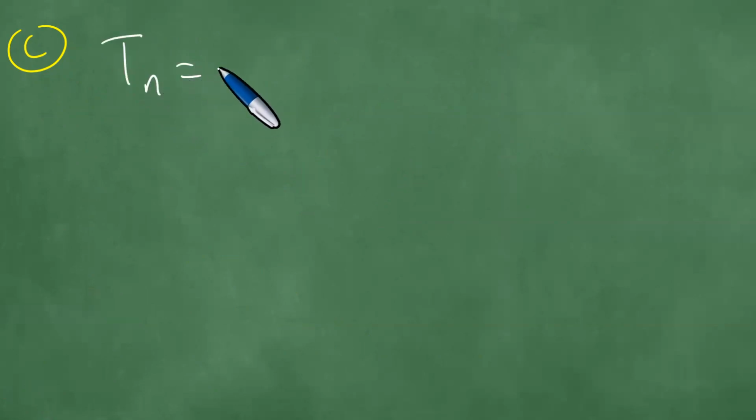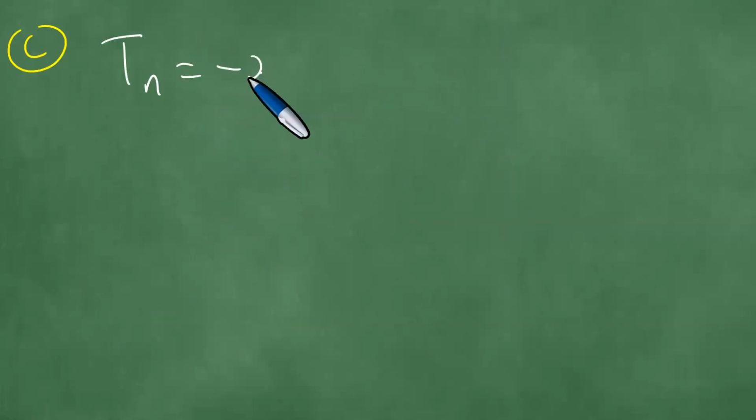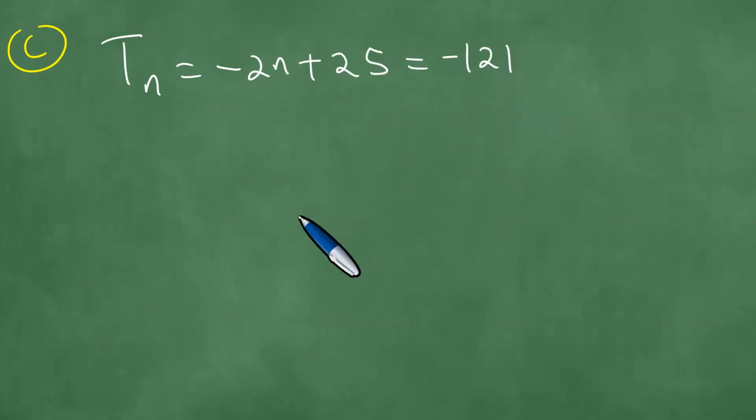And that means that in part C, you have the following. You have the Tn, which equals exactly -2n plus 25. And this is equal to what? It's equal to -121. Right.